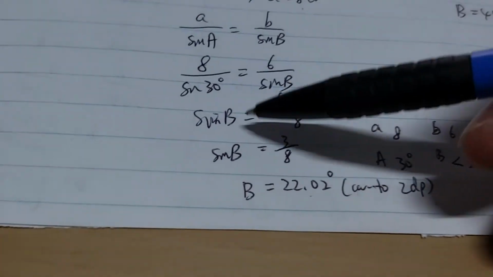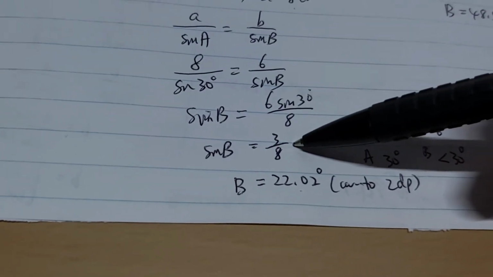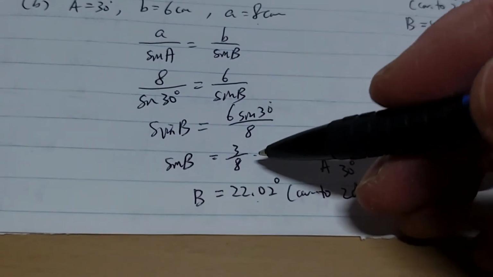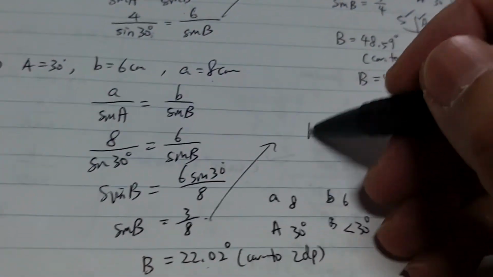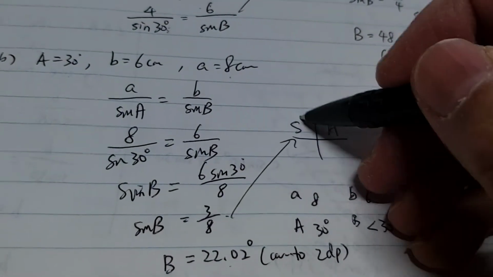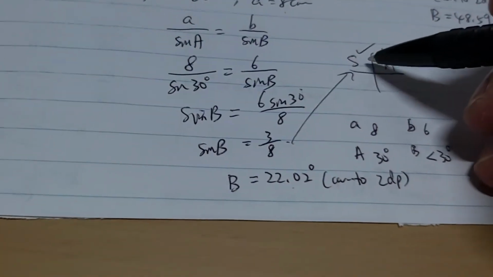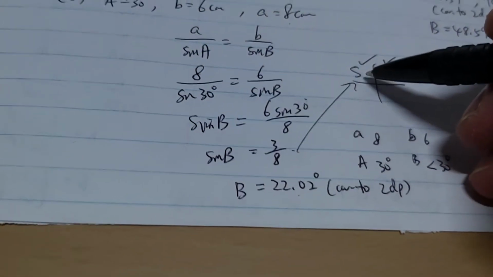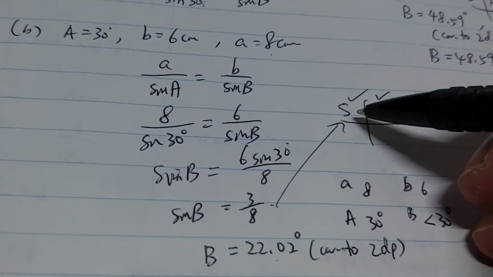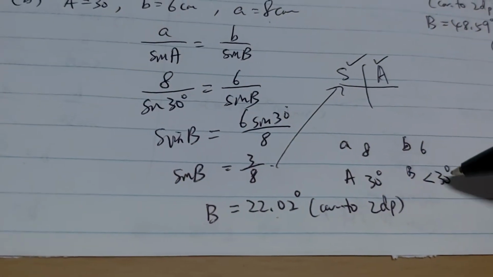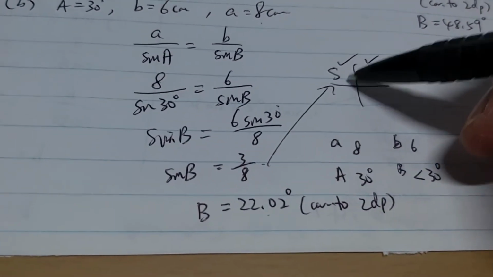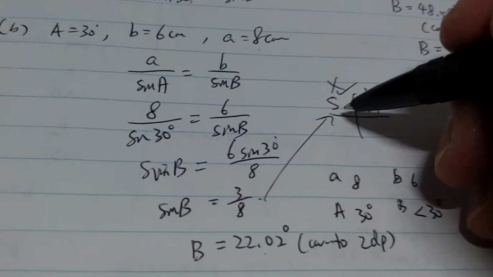Okay, for sine positive, we should have A and S. However, the other one is an obtuse angle, which would have to be greater than 30 degrees, so we cannot accept this case.